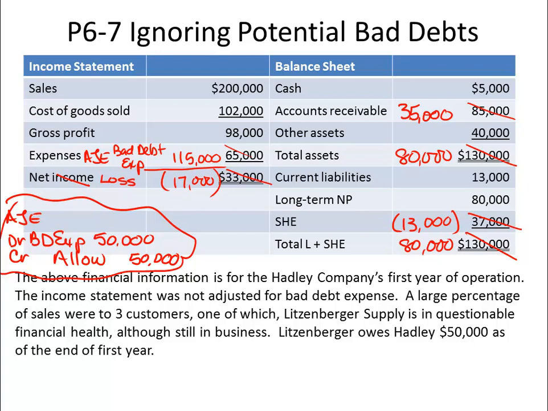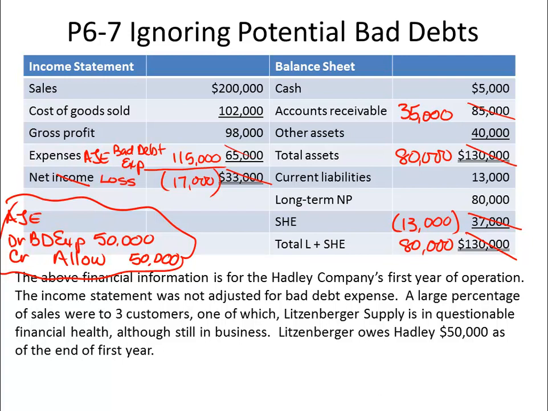So our mission is to recast the income statement and the balance sheet, backing out the $50,000 by making the adjusting entry at the end of the year for our estimate of bad debts. And remember that adjusting entry is bad debt expense $50,000, credit allowance for $50,000.